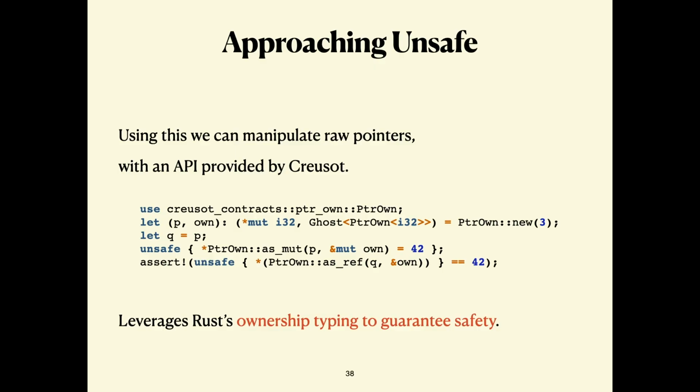When you create an owned pointer here, with ptr own new, you get back 2 things. One is the raw pointer, and the other is this ghost token that represents your ownership of some given raw pointer.